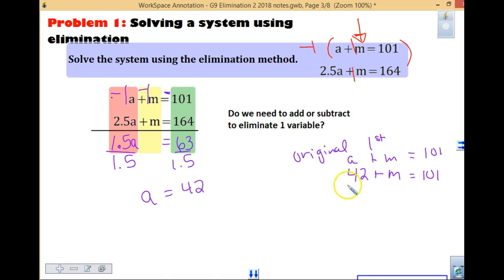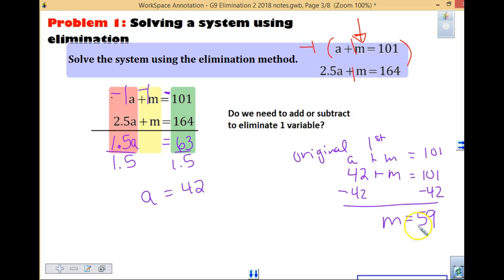When you solve it, you're going back to the original, not to the one that's multiplied by -1, because sometimes some of you will make a small, careless mistake when you do that multiply. So now we're subtracting 42 from both sides. We want to solve for M, not -m. M equals, we do our subtraction and we get 59.